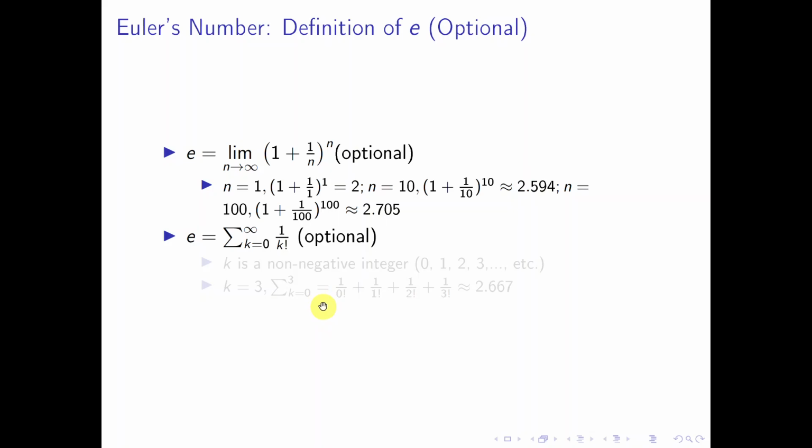So what is a factorial? A factorial is just a product of a series of integer numbers. Let's say here we have this k factorial. That implies we're going to multiply a series of numbers beginning from 1 to k.